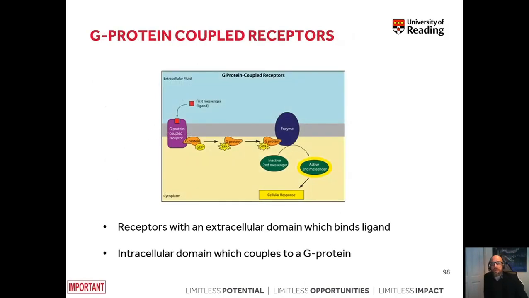So what are G protein coupled receptors? Again, those very specific receptors are molecular switches within signal transduction pathways. They are receptors with an extracellular domain which is able to bind a ligand, and this is what you can see here. Those proteins also have an intracellular domain which couples to a G protein, which you can see here.